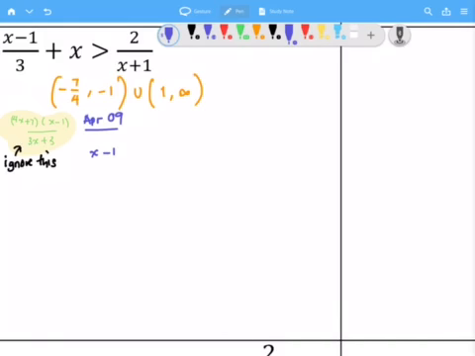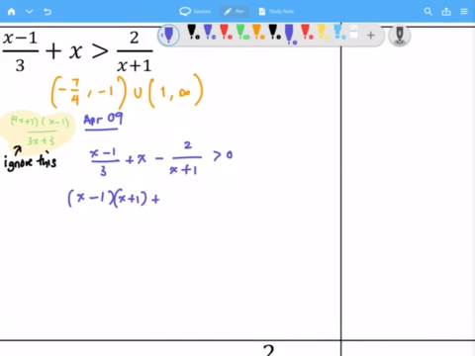x minus 1 over 3 plus x. Then we bring 2 over x plus 1 to the left hand side, so we are left with 0 at the right hand side. Now we try to make a common denominator. For this part, x minus 1, we simply multiply it with x plus 1.